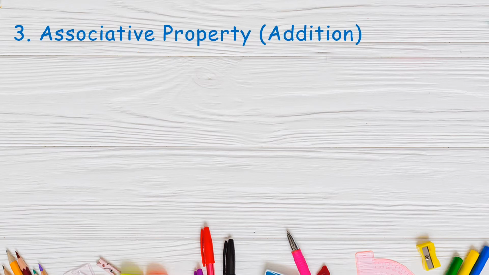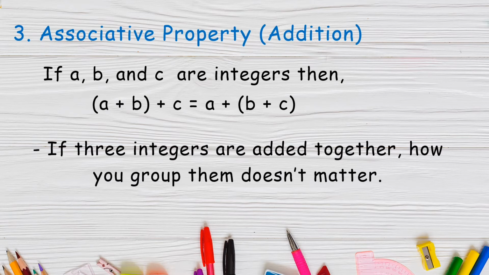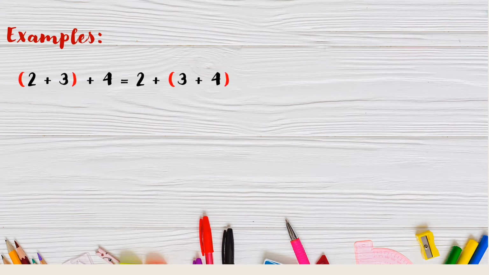Associative property of addition. If a, b, and c are integers, then quantity a plus b plus c is equal to a plus quantity b plus c. If three integers are added together, how you group them doesn't matter. Examples: quantity 2 plus 3 plus 4 is equal to 2 plus quantity 3 plus 4.